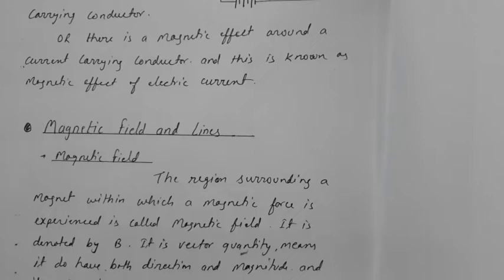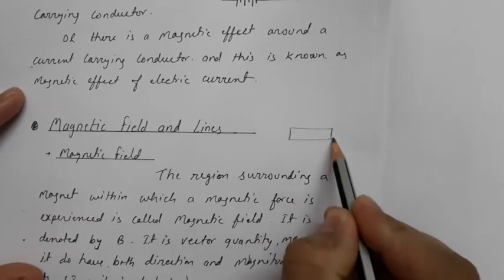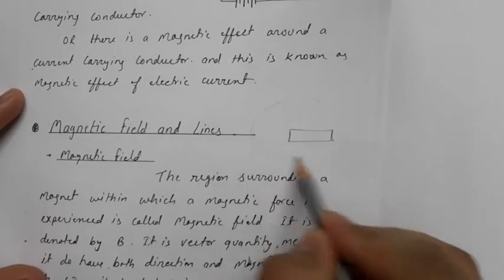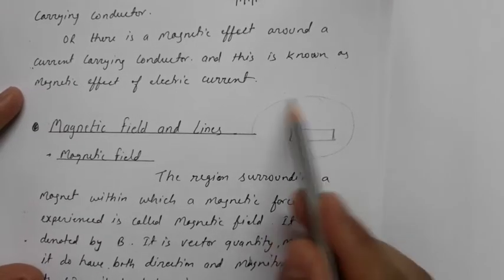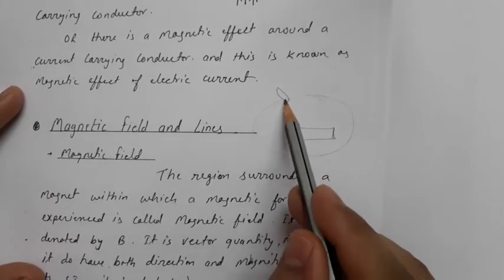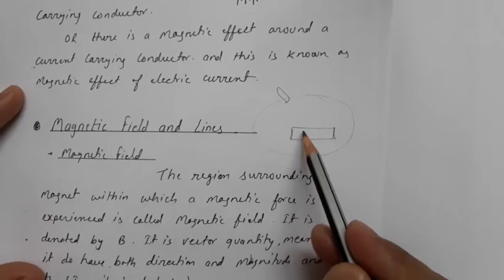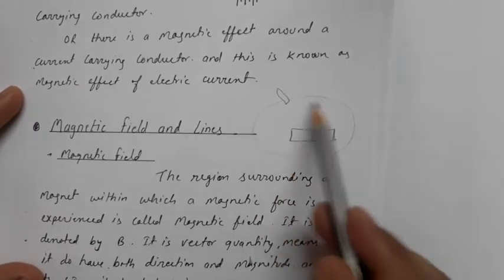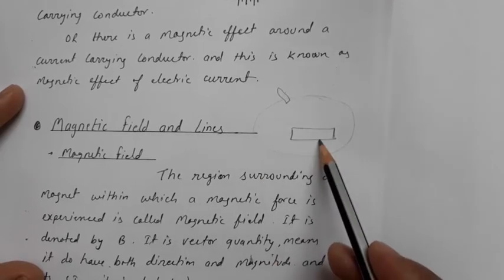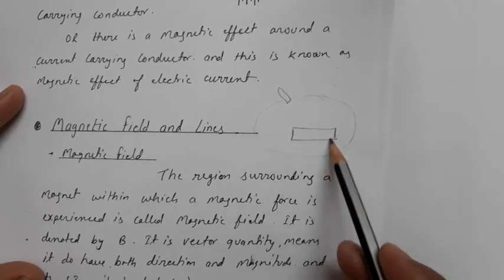Suppose this is a region around a bar magnet, and if we bring any other magnet in this region, then the other magnet will experience a force because of this magnet, and that force is known as magnetic force, and the region around this bar magnet is known as the magnetic field of this magnet.